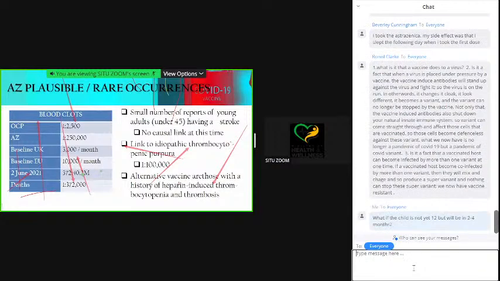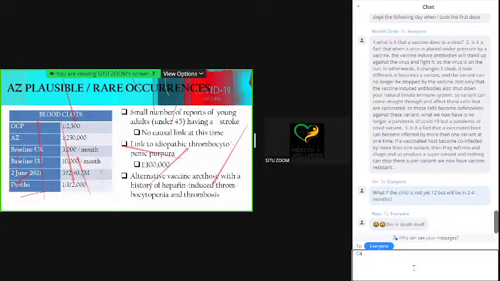One person in every 250,000 persons may get a clot. So if we were to vaccinate every single Jamaican with AstraZeneca, we might get 12 persons with clots. Now, the benefit of taking the vaccine way outweighs that risk, and we can treat persons who get clots.